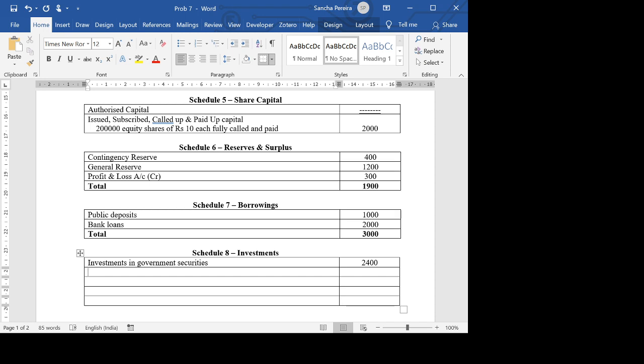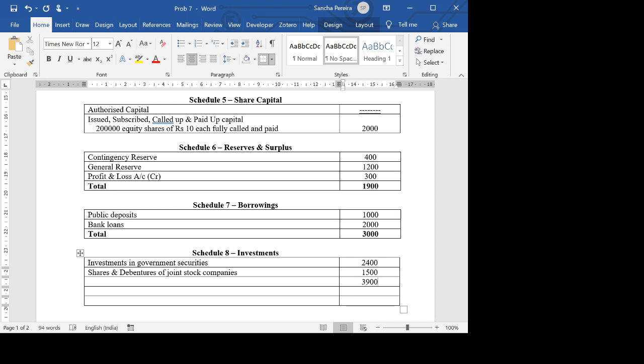Then we have shares and debentures of joint stock companies, which is given to us as 1,500. Now this total comes to 3,900.